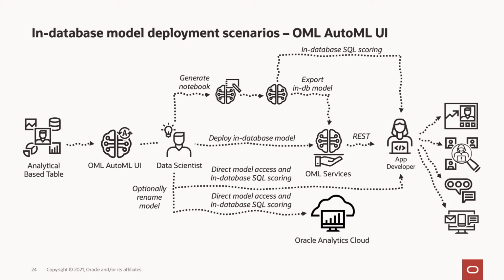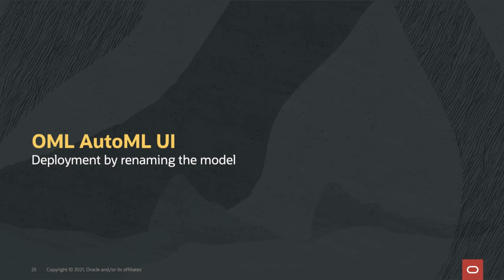He can deploy the model directly from AutoML UI, and he can also deploy the model directly by renaming the model into a SQL model. So at that point, the application developer can just use SQL, and Oracle Analytics Cloud, for example, can access natively the models right there. So let's take a look at the deployment by renaming the model.